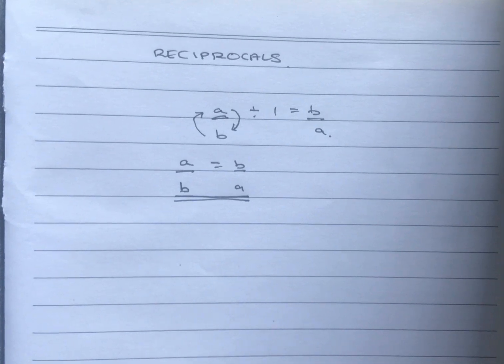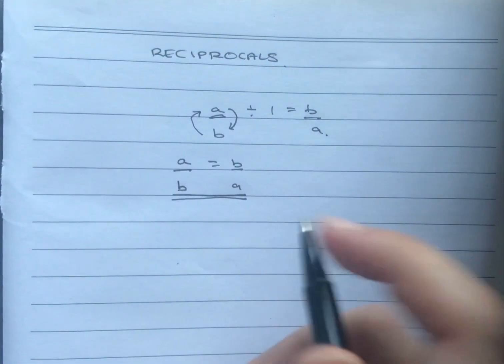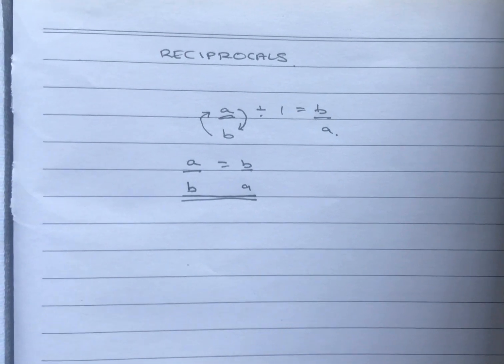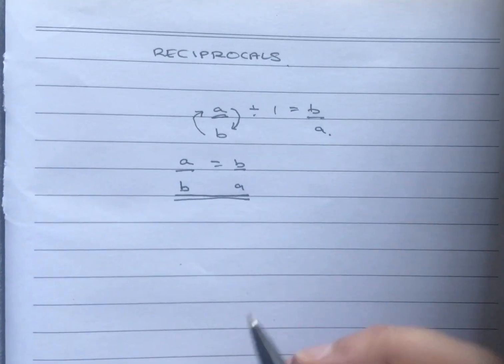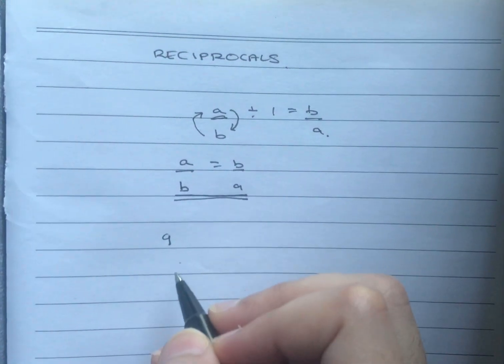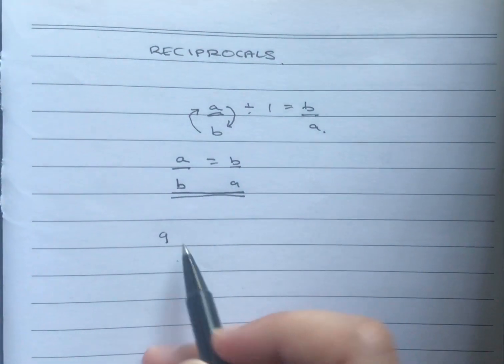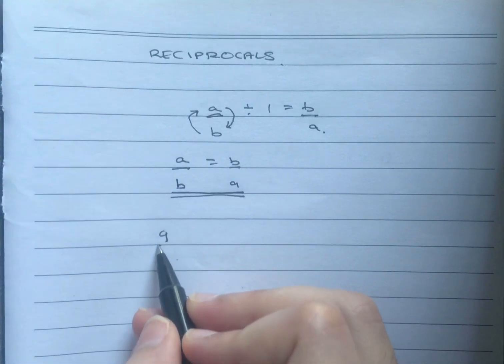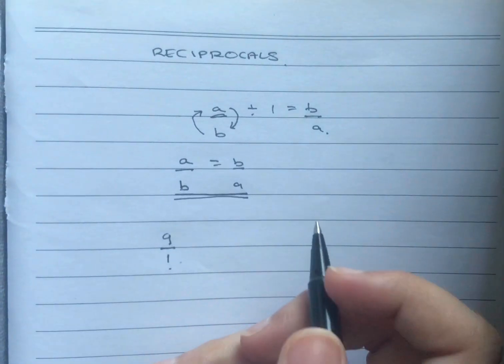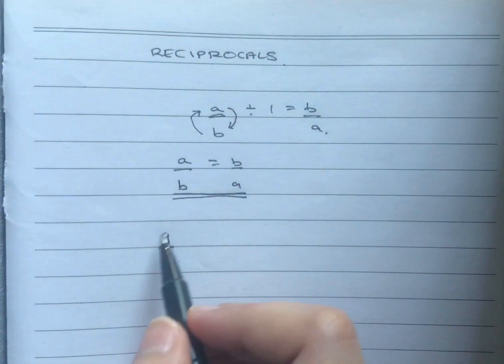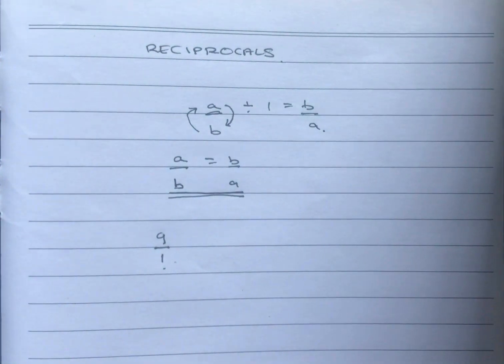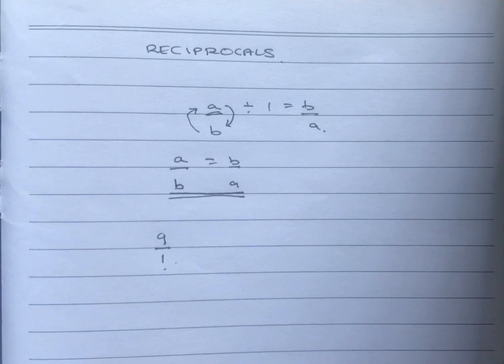Or if you're more comfortable with an example, let me show you whole numbers now. For example, you have a whole number like 9, and you're being told to find the reciprocal. Remember, any number on its own is like it's over 1, because 9 divided by 1 is 9. So if you want to write it in fraction form, you'll write 9 over 1, 6 over 1, 5 over 1, 25 over 1.